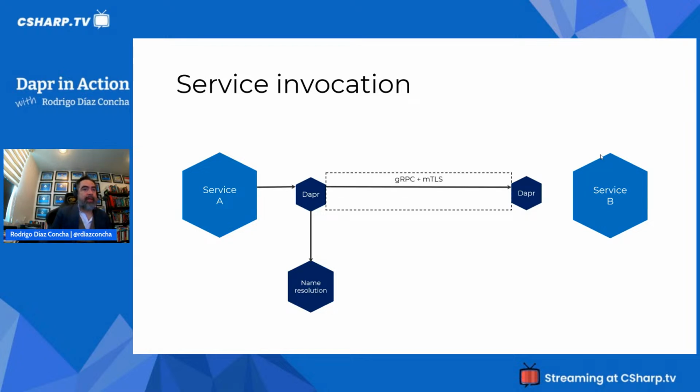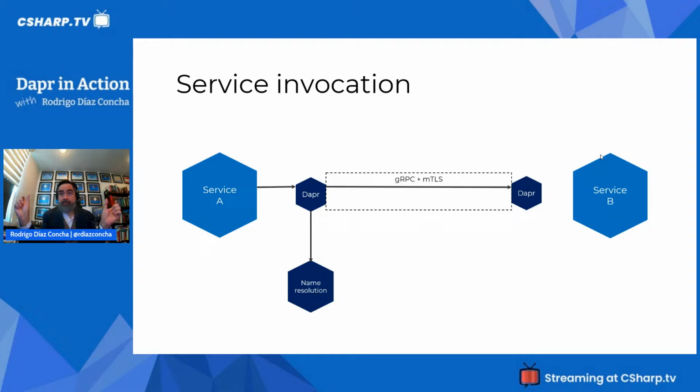So then you send, or not you, but the Dapr sidecar sends this request to this other Dapr sidecar, the one from service B. Okay. So you can see here that the Dapr communication happens in gRPC. It's going to use this technology for performance reasons.